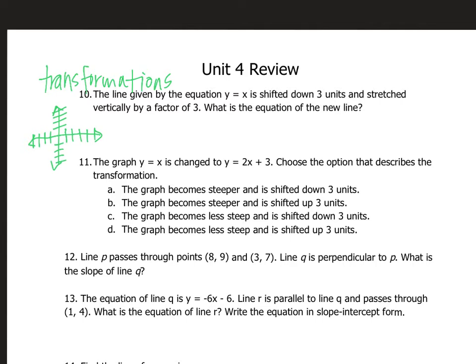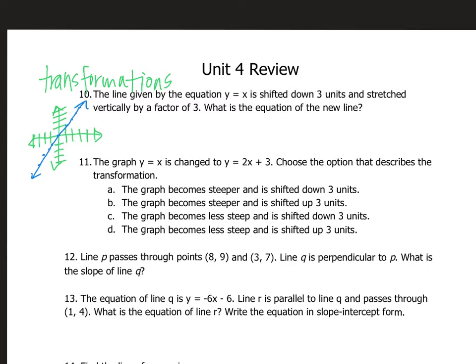So if you were to graph this, and I'm going to do this in blue, it would look like this. So you'd have a point at the origin, you'd have a point at 1, 1, 2, 2, 3, 3, 4, 4, and you could go the other way as well. Okay, so it would look kind of like this.